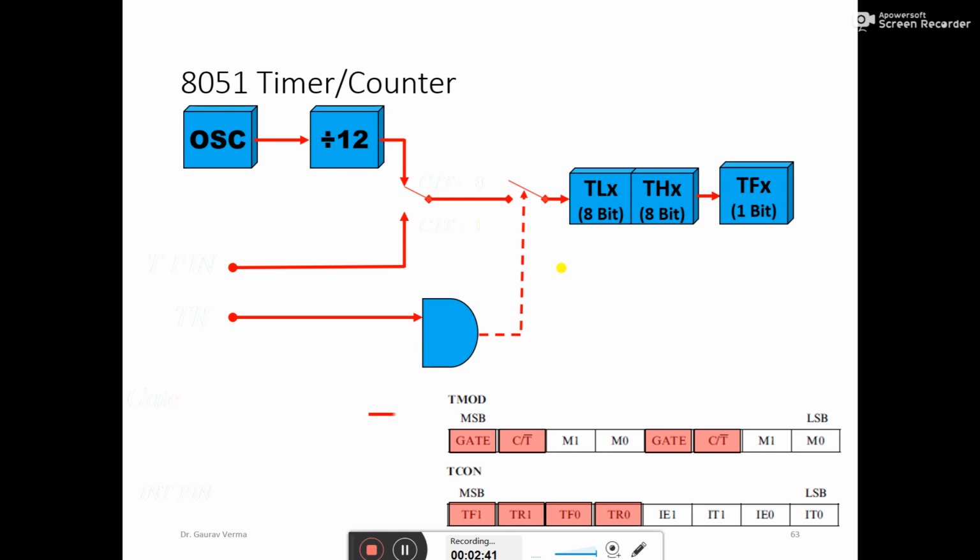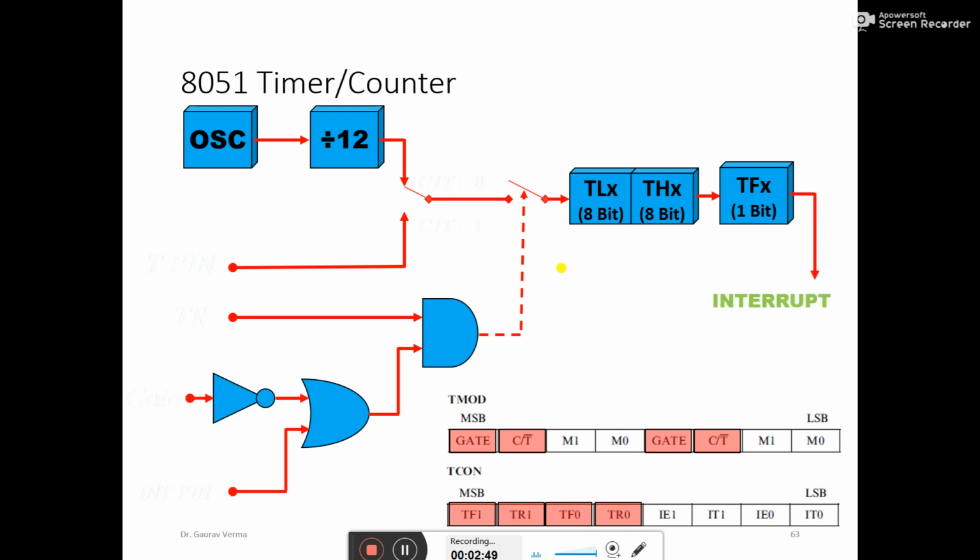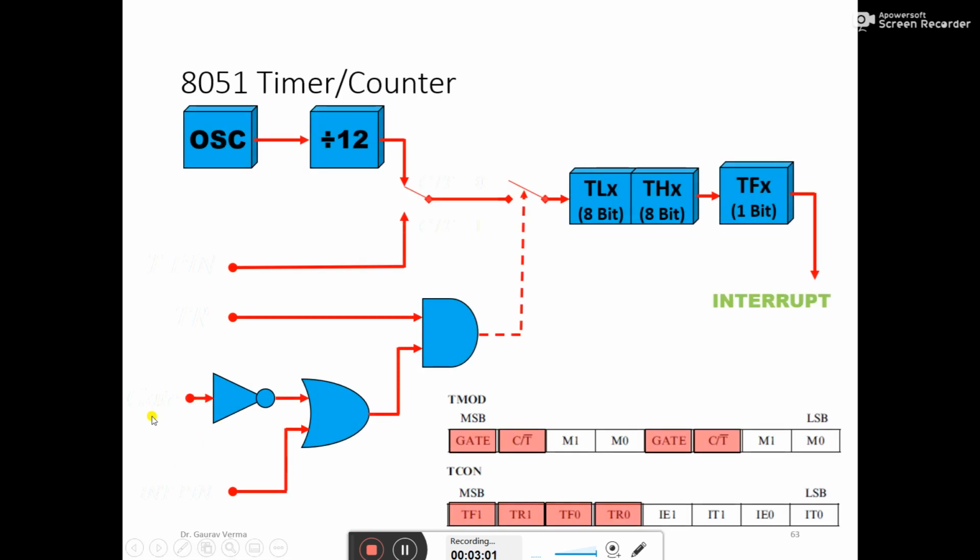Here is the gate signal, where I can show you some important things. One interrupt also comes at that point. Here is the gate signal which we provide.